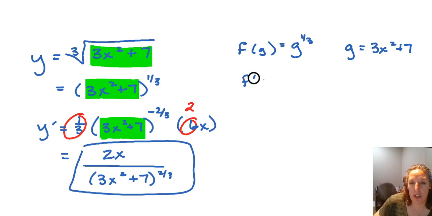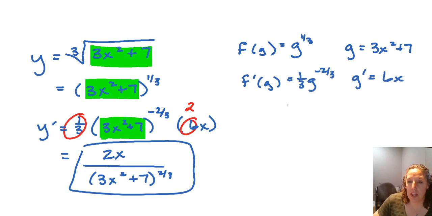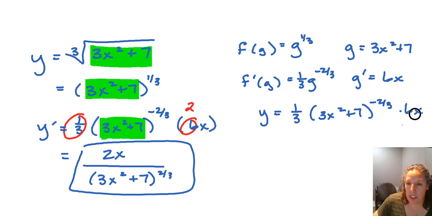So when you take the derivative, f prime of g is 1/3 g to the negative 2/3, and g prime is 6x. So when you multiply those together, you get your derivative: 1/3 times our g, which is 3x squared plus 7, to the negative 2/3 times 6x. So if you need to split it up like that, then do that.